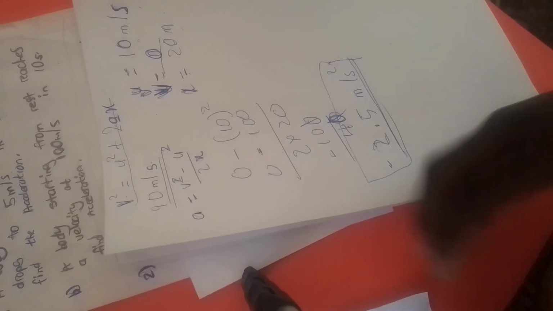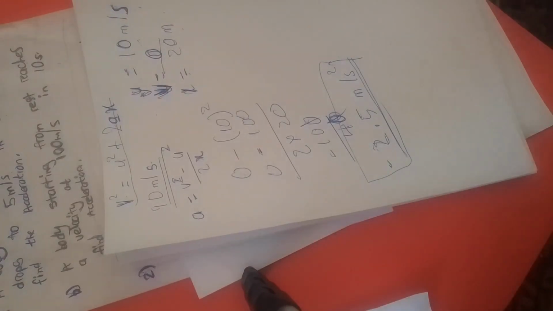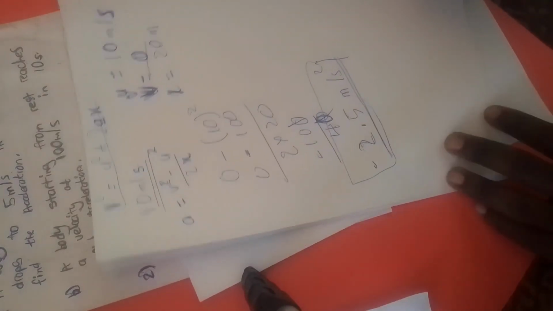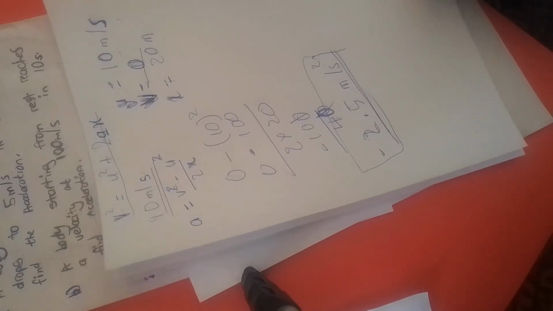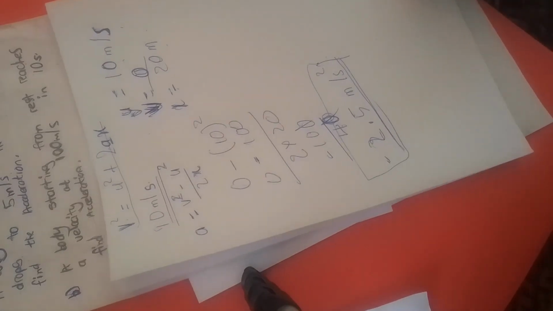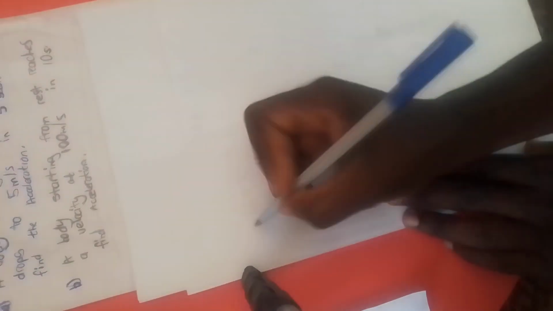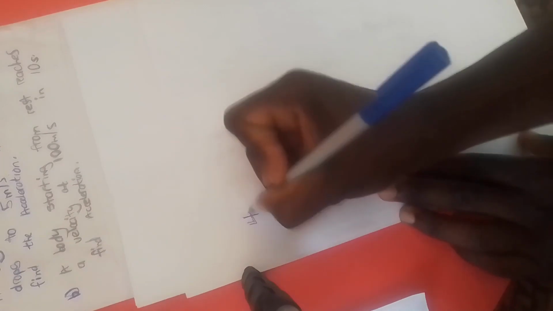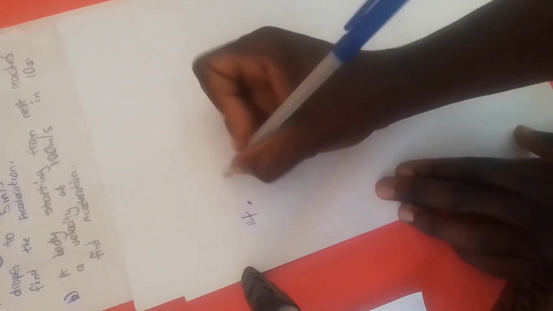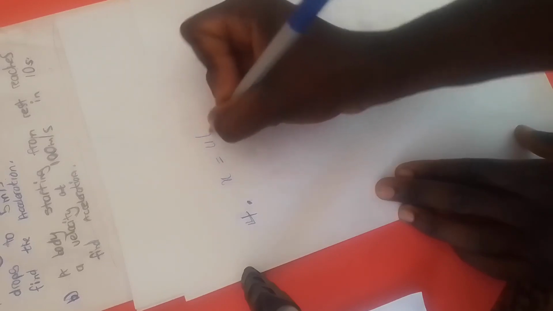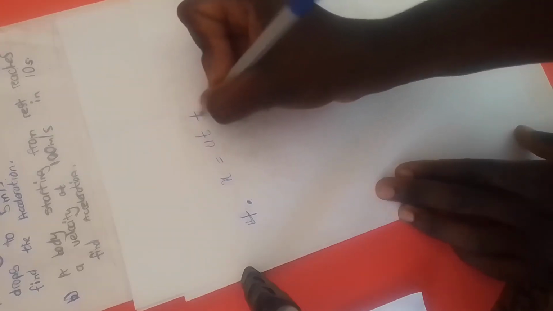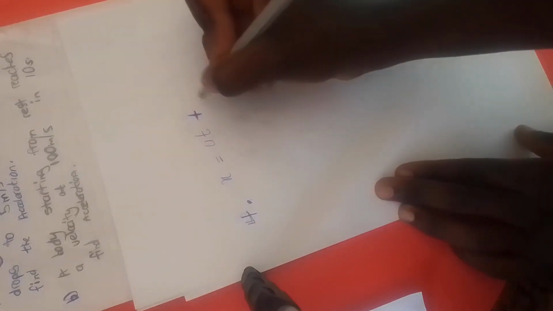So we are now moving on to the last equation of motion. This is horizontal motion, linear motion in a horizontal fashion. So the last equation, equation 4, goes like this: x is equal to ut plus half at squared.